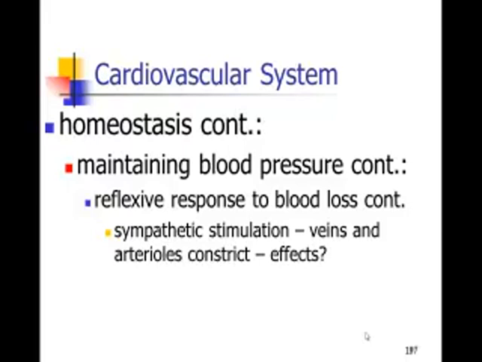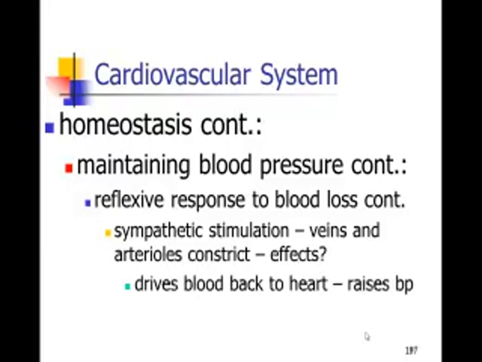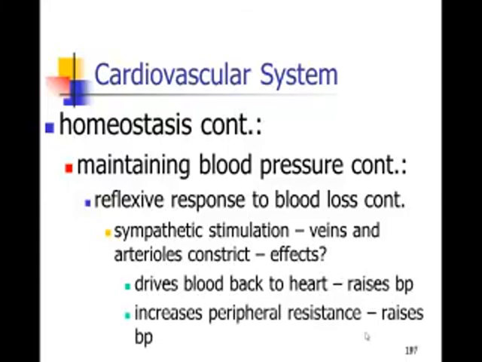So you get more venous return, so more blood can be pumped out, and the constriction increases peripheral resistance, which increases blood pressure. So both of those things increase the blood pressure. More blood back to the heart raises blood pressure, increased peripheral resistance raises blood pressure.